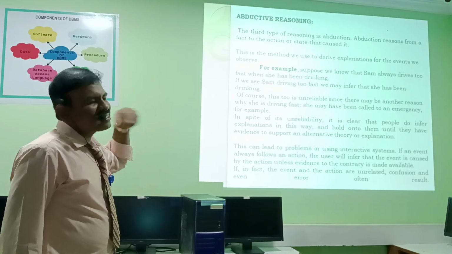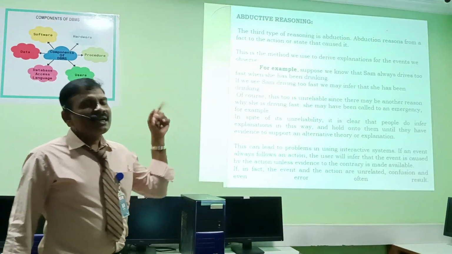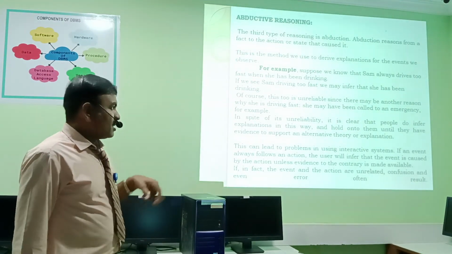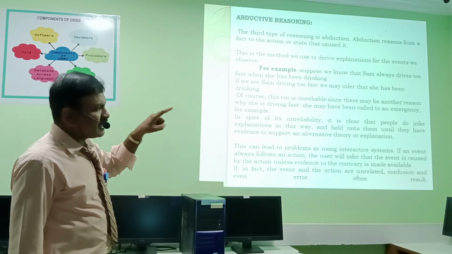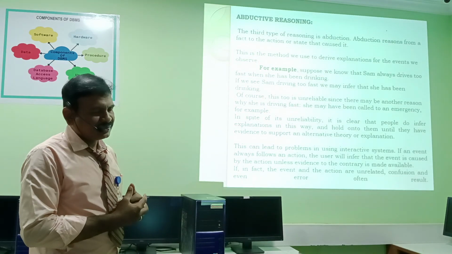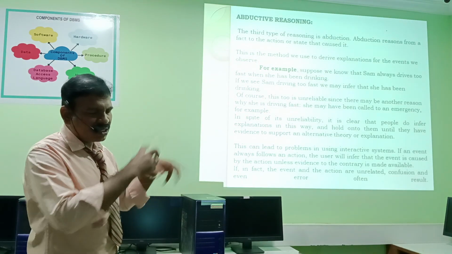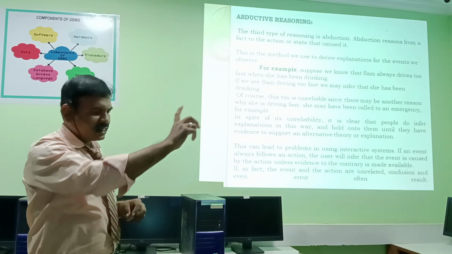The second reason is that someone interrupted and she is not drinking, yet she is driving too fast. So this is too unreliable, since there may be another reason, and there is some controversy between these two statements.